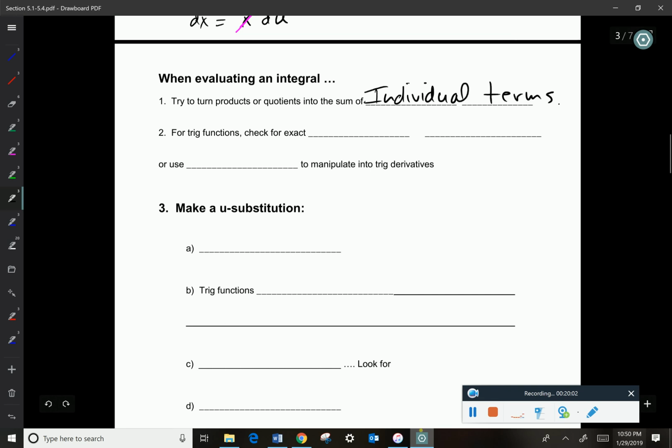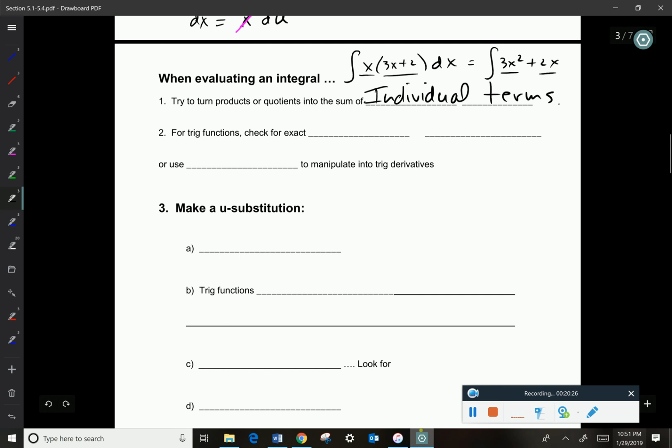Like, for example, if I have the integral of x times 3x plus 2, I can't integrate the x and the 3x plus 2 separately, but I could multiply it out and say 3x squared plus 2x. Now that it's individual terms, I can integrate each of those separately, okay?